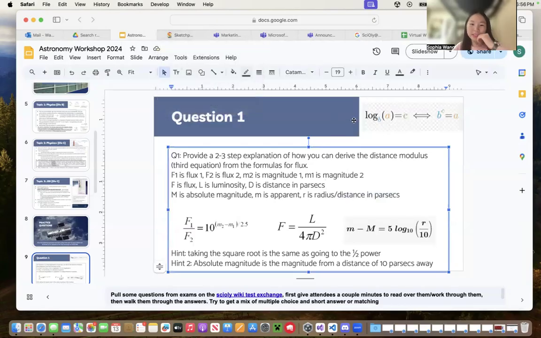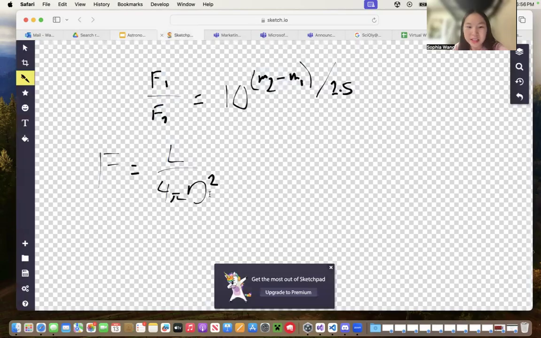So the question is, what would be flux 1 and what would be flux 2, because that might not be immediately obvious. This is really just referring to flux for any two stars.